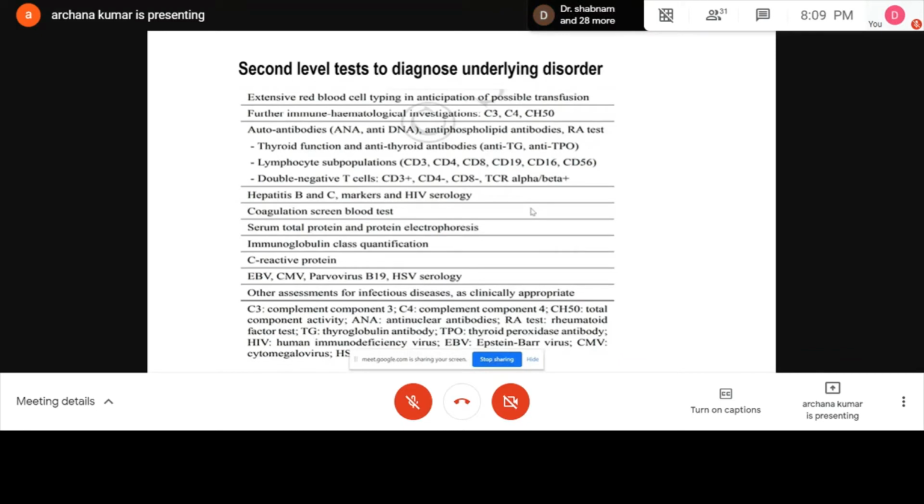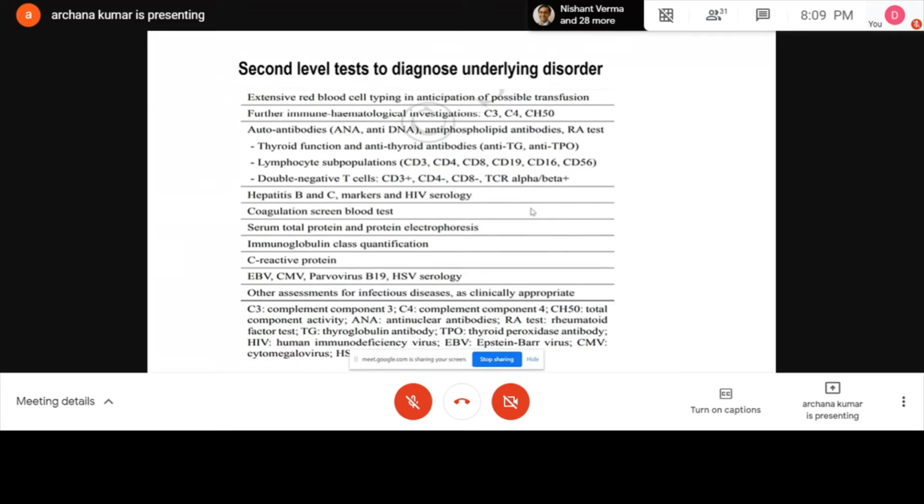Then further immunohematological investigations, we should be doing the C3, C4 and the complete complement. Then, if we are suspecting autoimmune disorders, we should look at ANA, anti-DNA, antiphospholipid antibodies and rheumatoid factor. Thyroid function and anti-thyroid antibodies like anti-TG and anti-TPO if we are thinking of autoimmune thyroiditis.